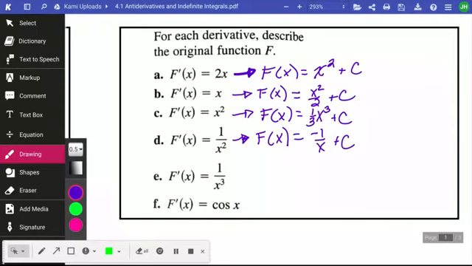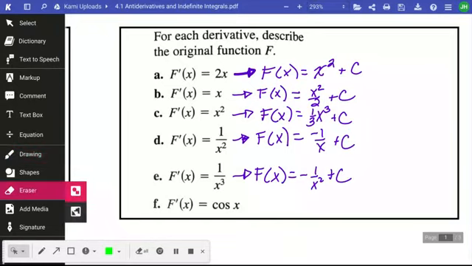All right, so similarly, if I have it this way, what would it have to be? Negative 1 over x squared. Good. Nope. Negative. It will be negative. A little bit more than that.